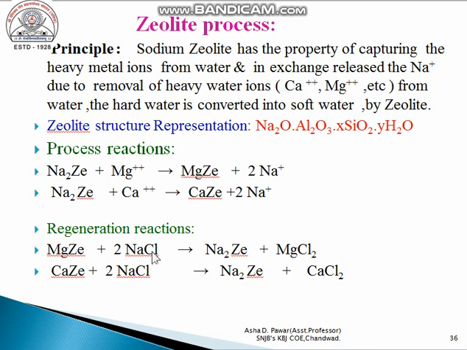Then in that exhausted bed, if we add the brine solution, the exchange reaction takes place again. That is, this magnesium zeolite and calcium zeolite capture sodium ion from the brine and release the waste in the form of magnesium chloride or calcium chloride. That is, this Na2Ze means again an active bed, and we use it for the water softening process.